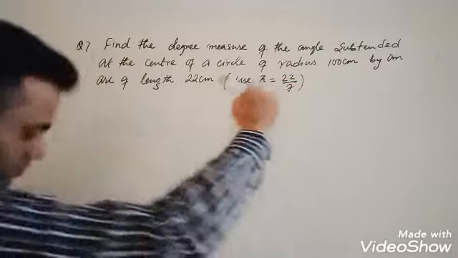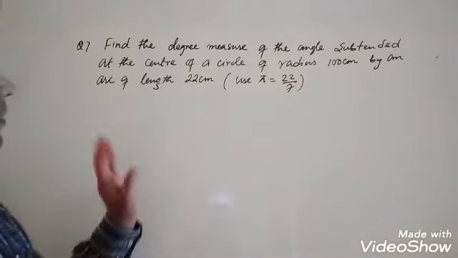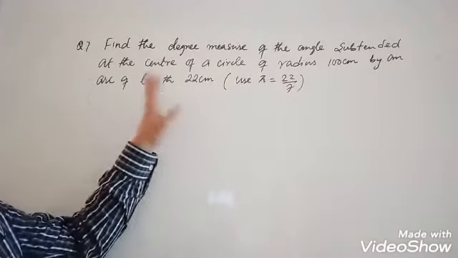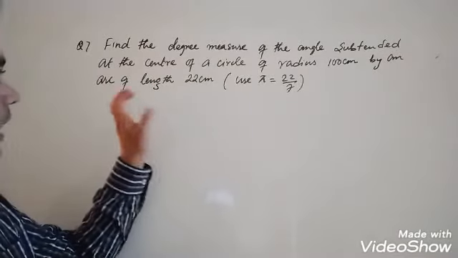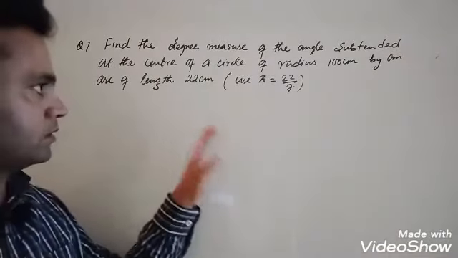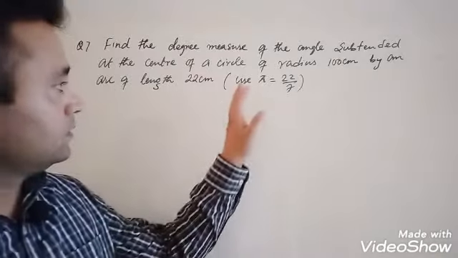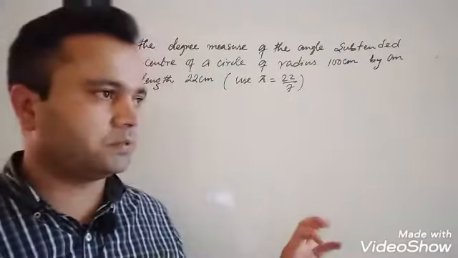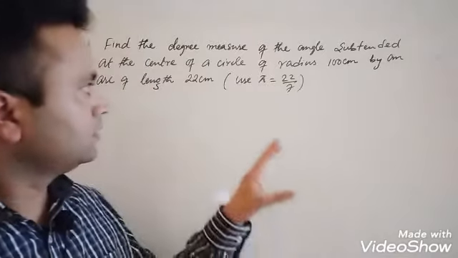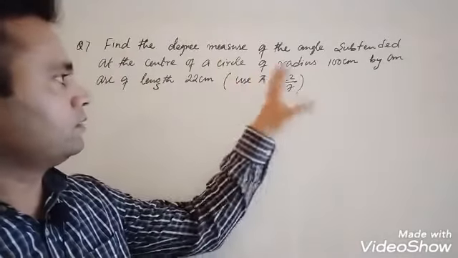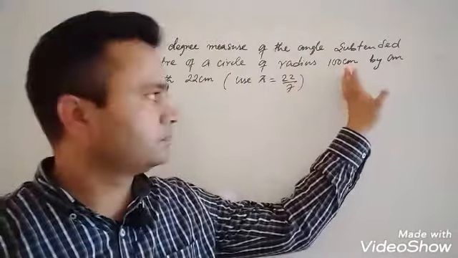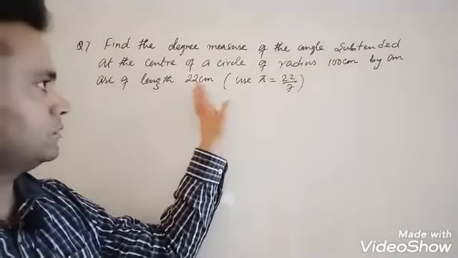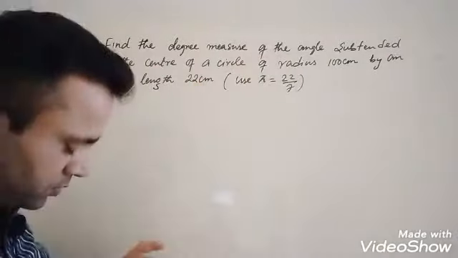Okay, so the question is to find the degree measure of the angle subtended at the center of the circle of radius 100 centimeter by an arc of length 22 centimeter. Now first we have to draw the figure.